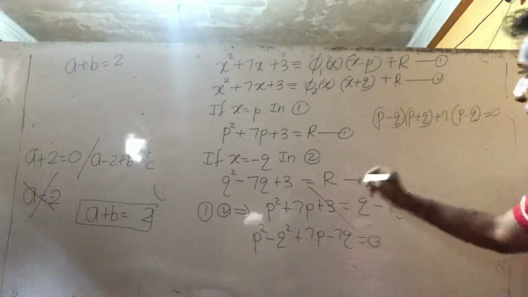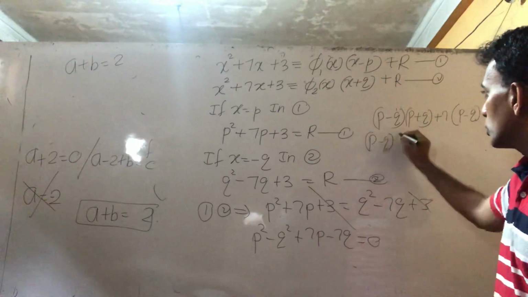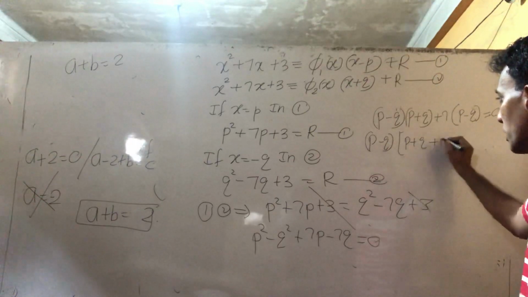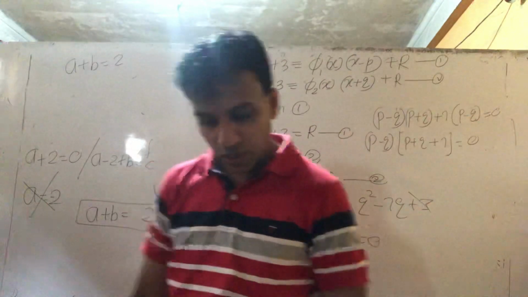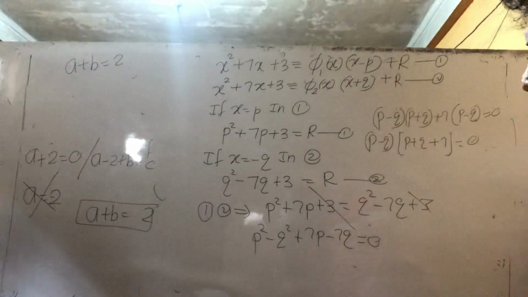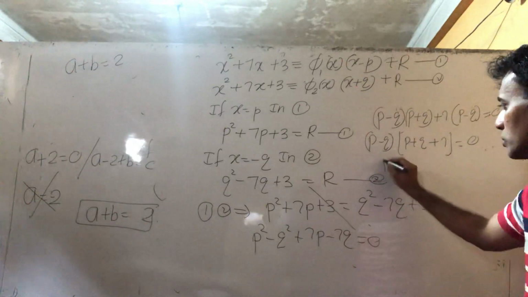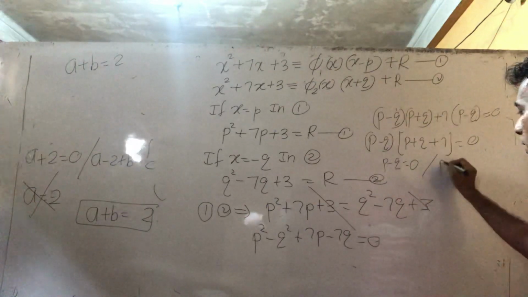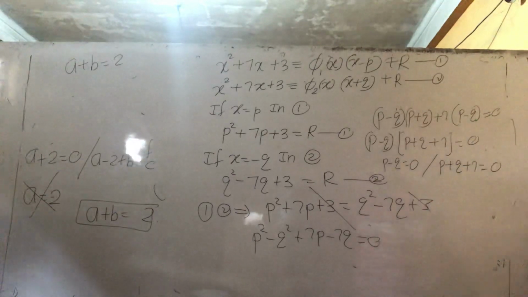Now take the common factor p minus q. So the remaining is p plus q plus 7, right? Equal to 0. The question is to find the value of p minus q. So p minus q equal to 0 or p plus q plus 7 equal to 0.